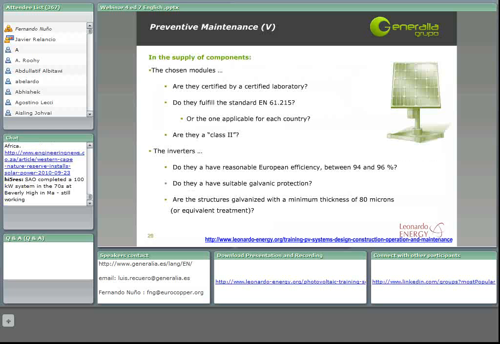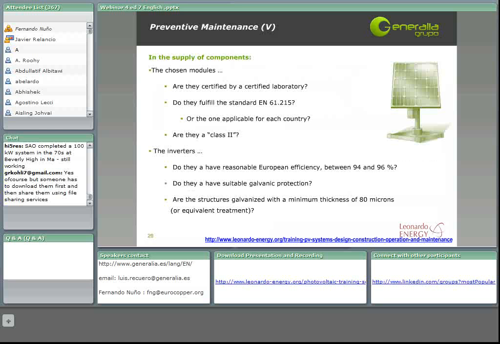So, during the supply of components, we have to take special care for the modules and the inverters. As we have already said, those are the main elements in our solar plant and are the most expensive elements that we will have. For the modules, we have 3 questions. First, have the modules that we have selected been certified by a certified laboratory?